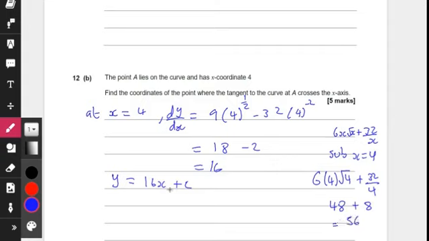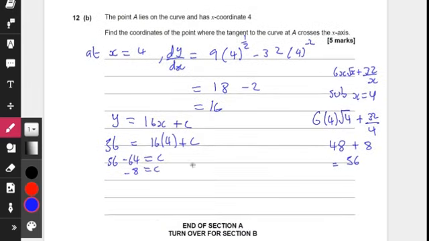So the y coordinate is 56. So we have 56 equals 16 lots of 4 plus c. And then 56 minus 64 equals c. So that's minus 8. So in actual fact, the equation is y equals 16x minus 8.